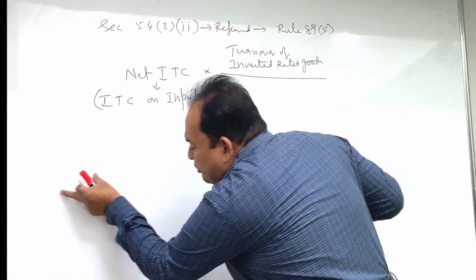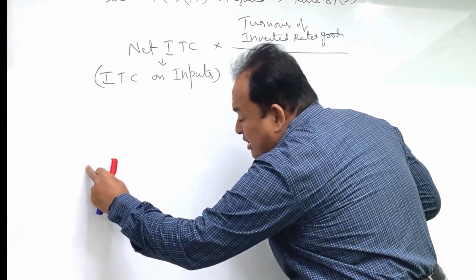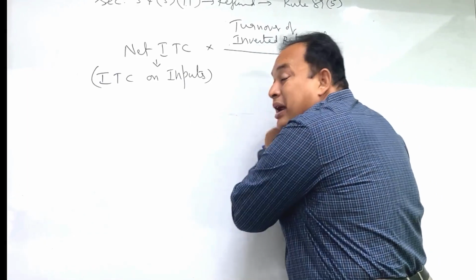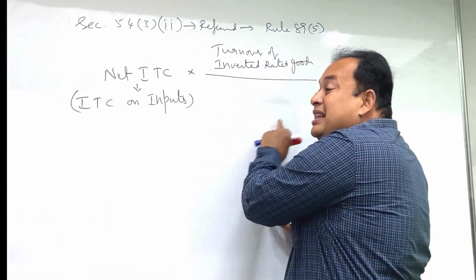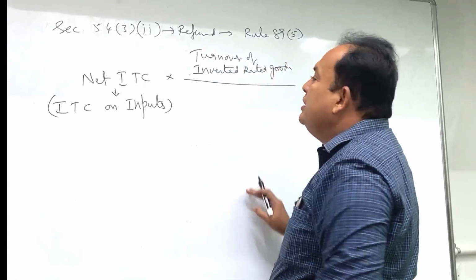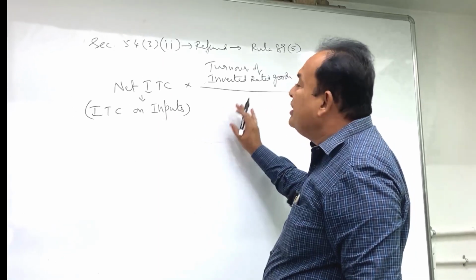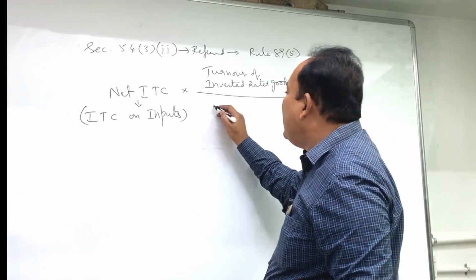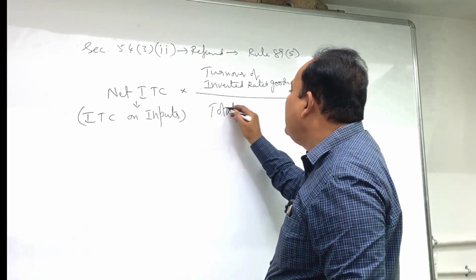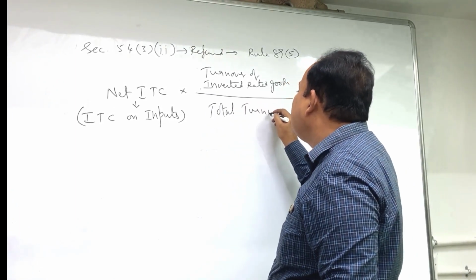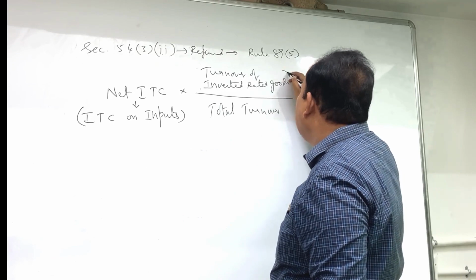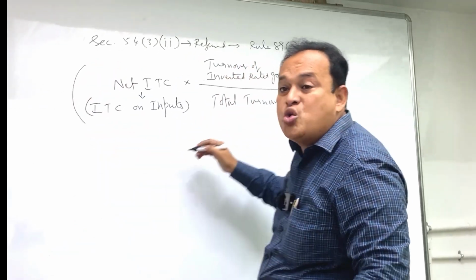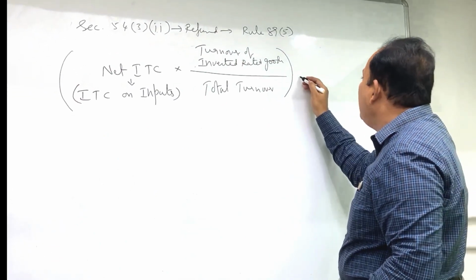Raw material I purchase at 18%, used for finished goods, and that finished goods are supplied at 5% only. That turnover is divided by the adjusted total turnover for the tax period. This is not sufficient. From this you are allowed to deduct.